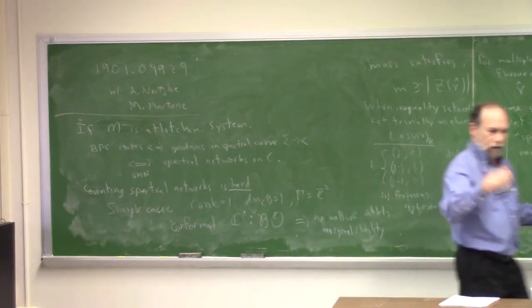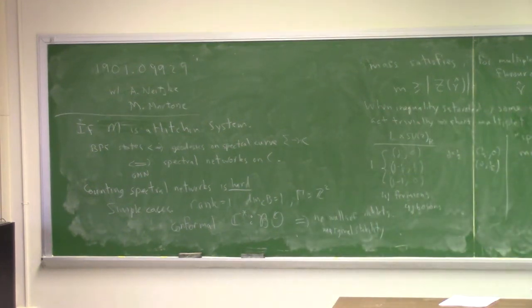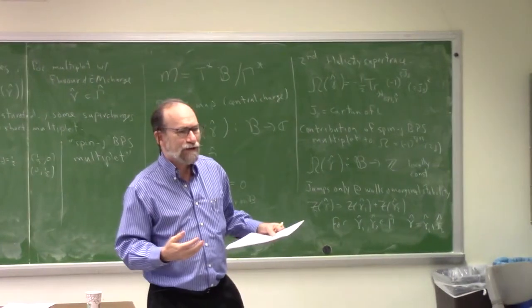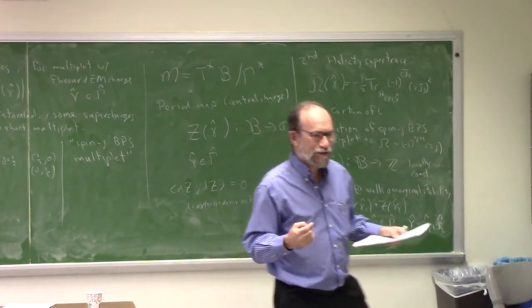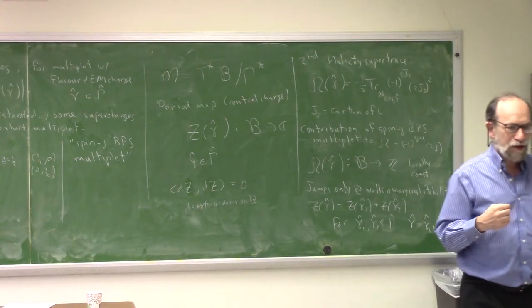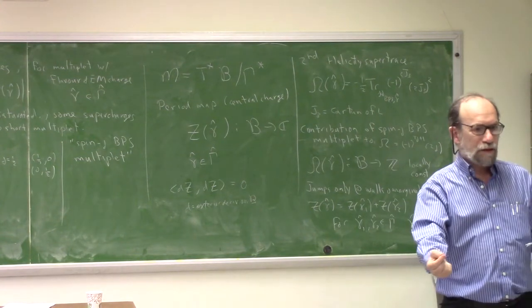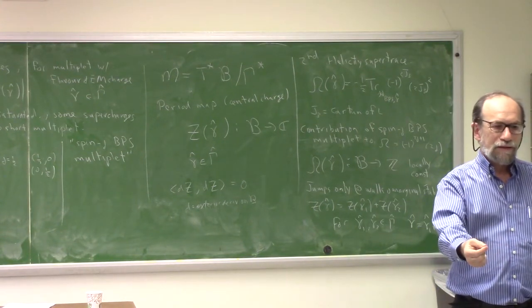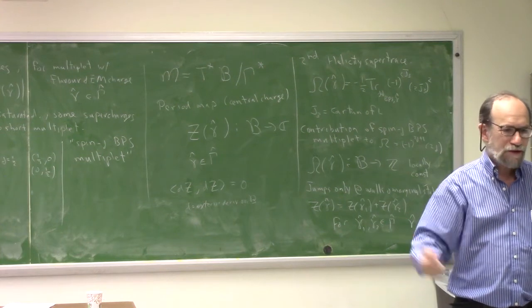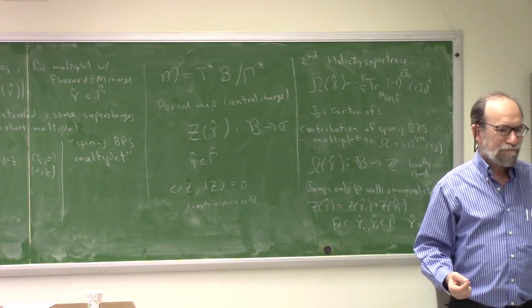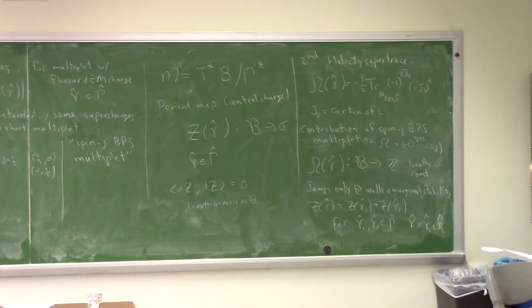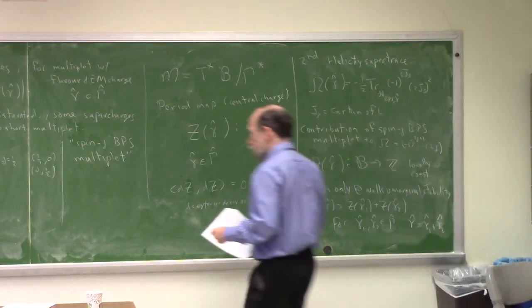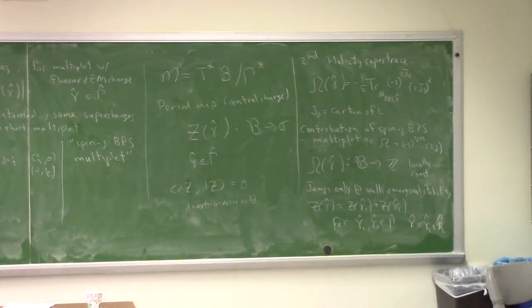The orbit of C star consists of 2 points, the origin and everything else, so there's no room to have a wall of marginal stability. As long as I stay away from the origin, every point away from the origin is just as good as every other point. Great.